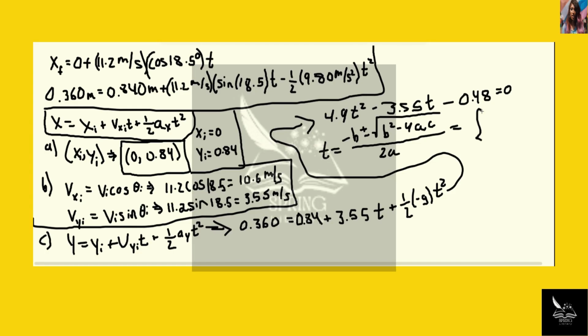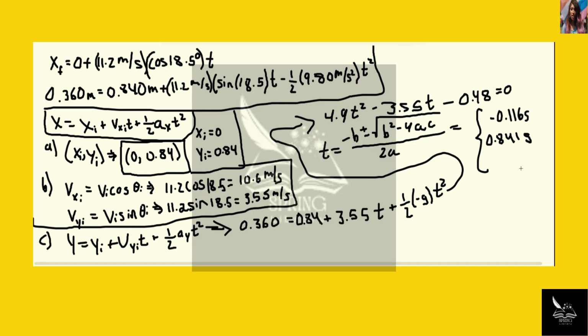This is going to break down into two solutions, and you have a negative 0.116, and you have a positive 0.841 seconds.